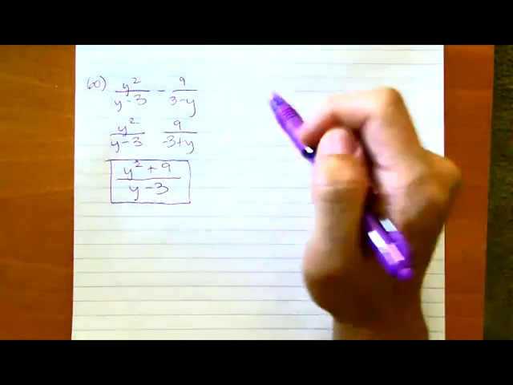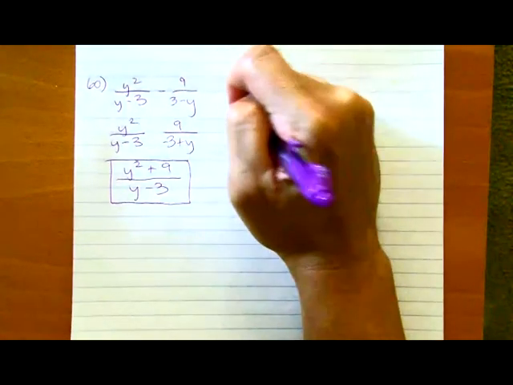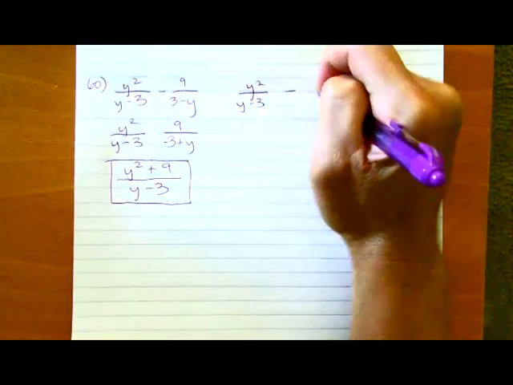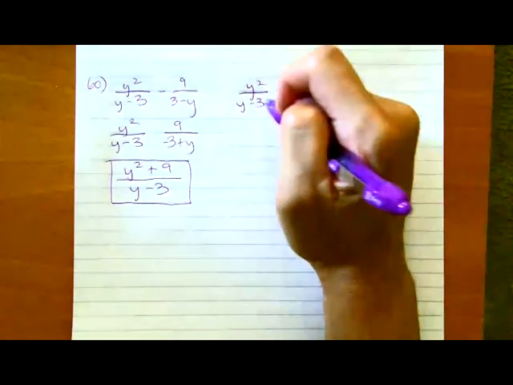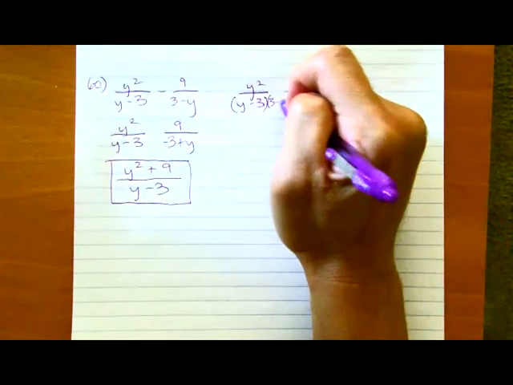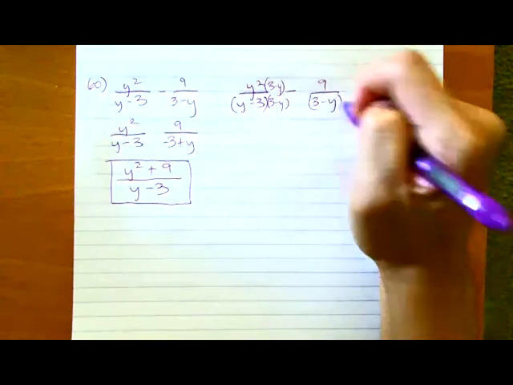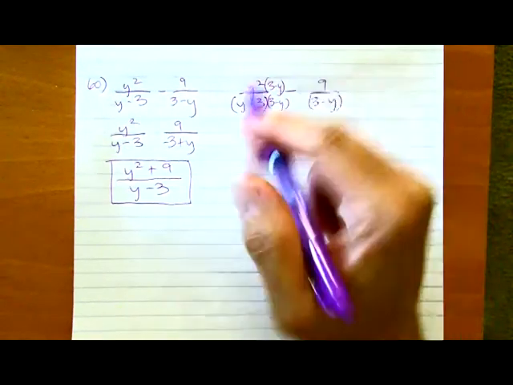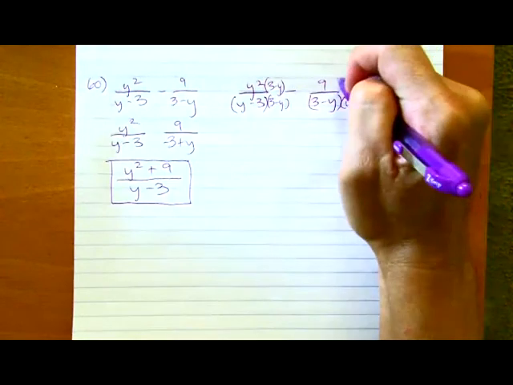Okay, let's try it that other way, just to prove that it worked. The other way, multiply by 3 minus y. This denominator is missing something that one has, which is the y minus 3.